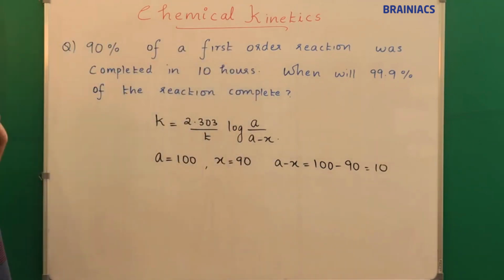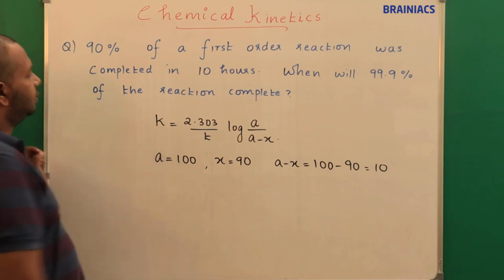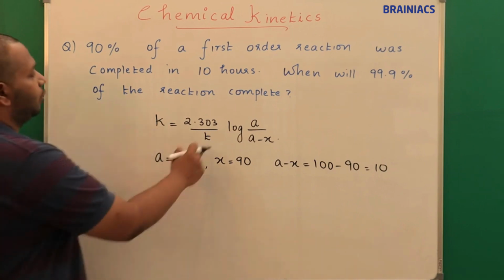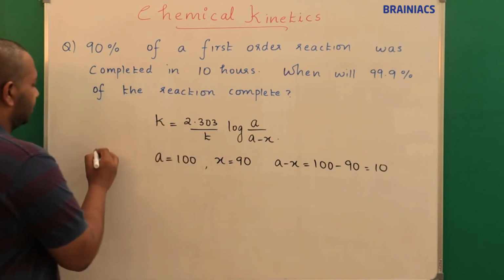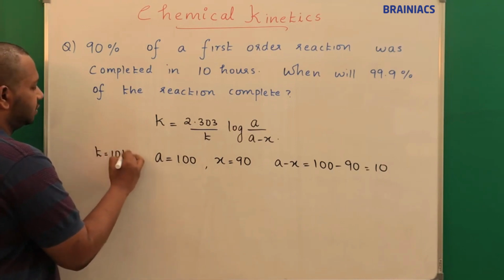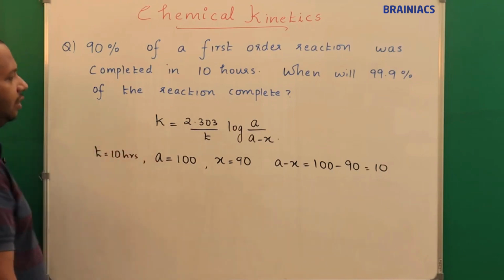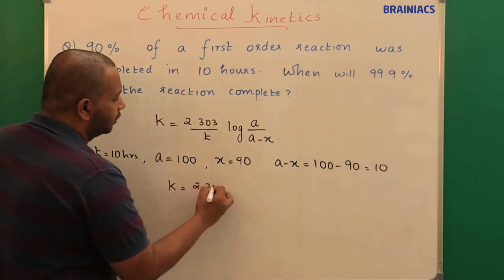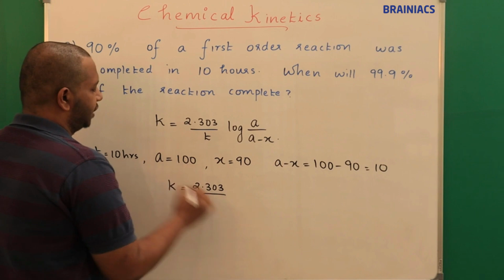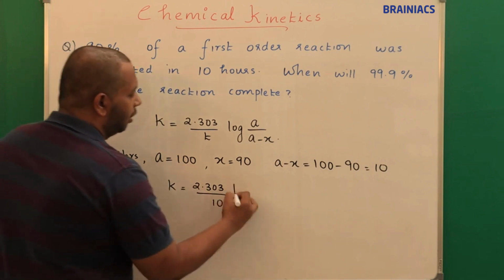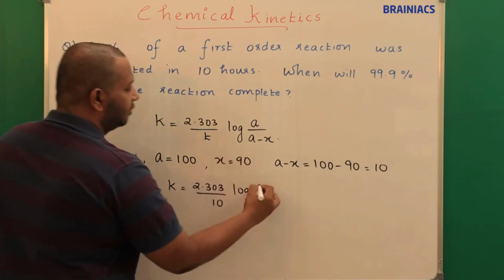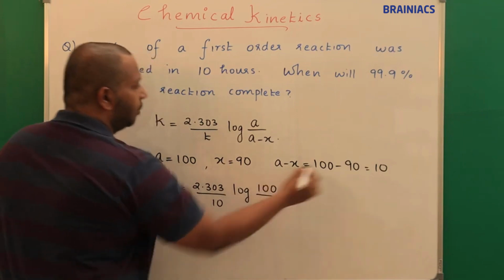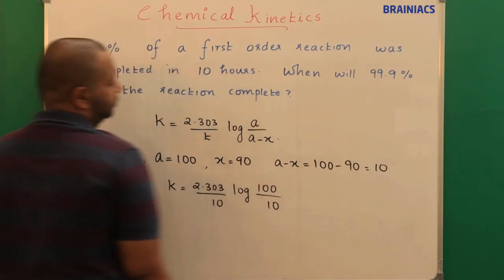Now the purpose of the first statement is to calculate the rate constant k, and they have told for this what is the time taken. So time taken is given as 10 hours, correct? So let us substitute that. k is equal to 2.303 divided by time, that is 10 hours, log a, that is initial concentration 100, a minus x we calculated as 10.